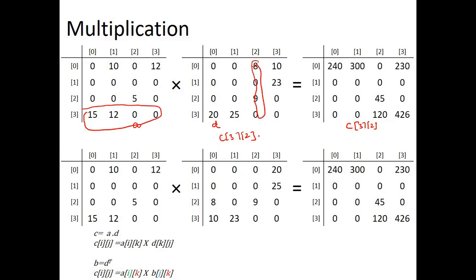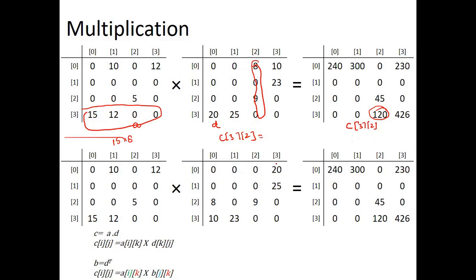How did we do it? We took the third row of the first matrix and the second column of the second matrix to get the entry of C32, which is here. This is the mathematical form.